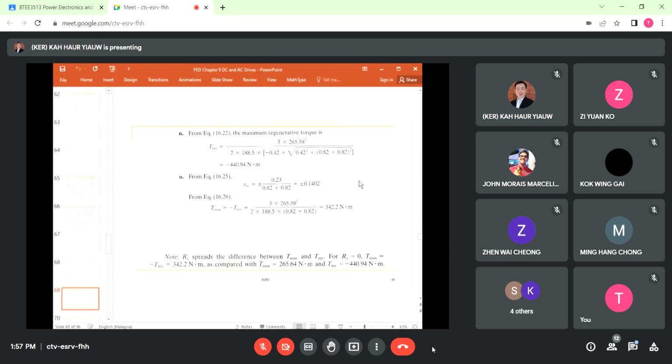The maximum regenerative torque can be obtained based on equation 22, which gives a value of minus 140.94 Newton meter. In equation 25, Sm is equal to plus minus 0.1402, and from equation 26, Tmm is equal to 342.2 Newton meter.